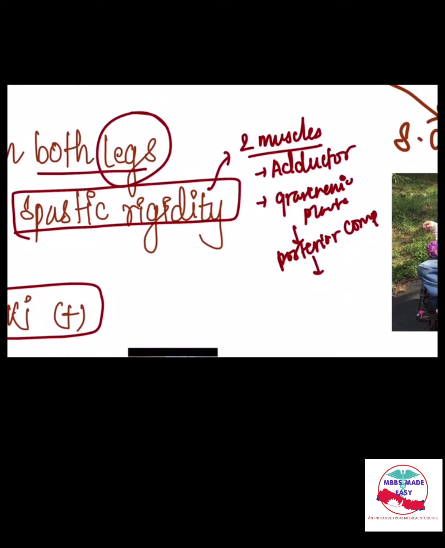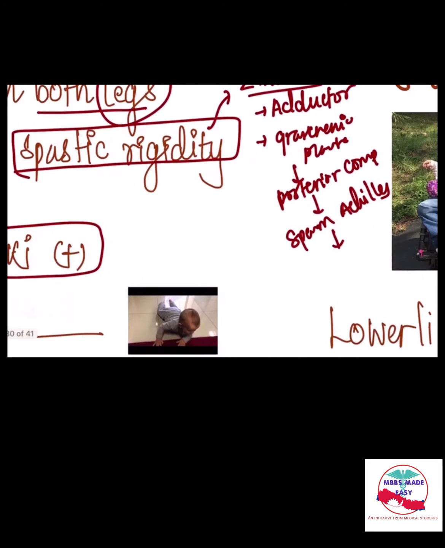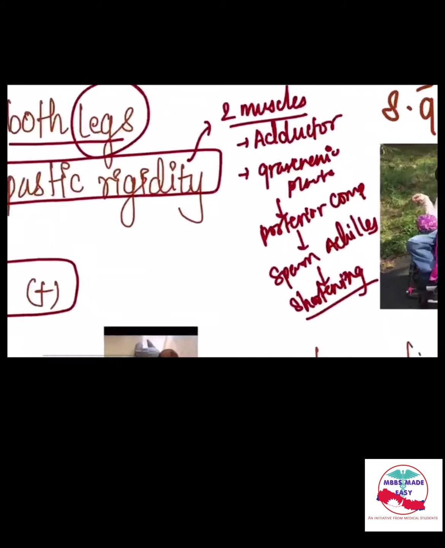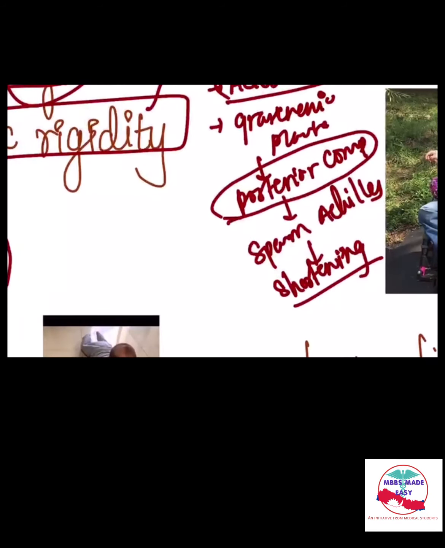Due to this, there is active spasm of the Achilles tendon, and over a long period of time there is also shortening of the Achilles tendon. So these two muscle compartments, the adductor compartment and the posterior compartment of the lower leg, ultimately lead to the Achilles tendon getting spasmed as well as shortened.